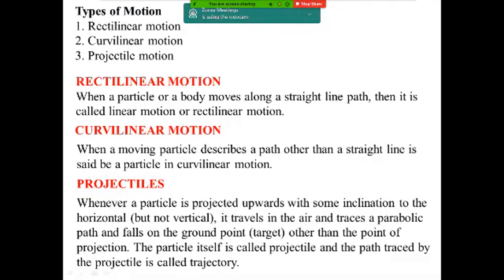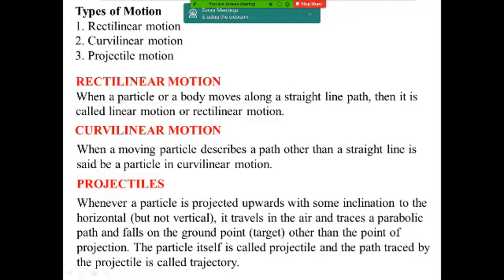Then we will study its velocity, its acceleration, and its distance covered in some time, or some problems, like how the police catch thieves and what distance they covered. To calculate all those things, we'll use some relations in rectilinear motion. We will see them in coming slides.